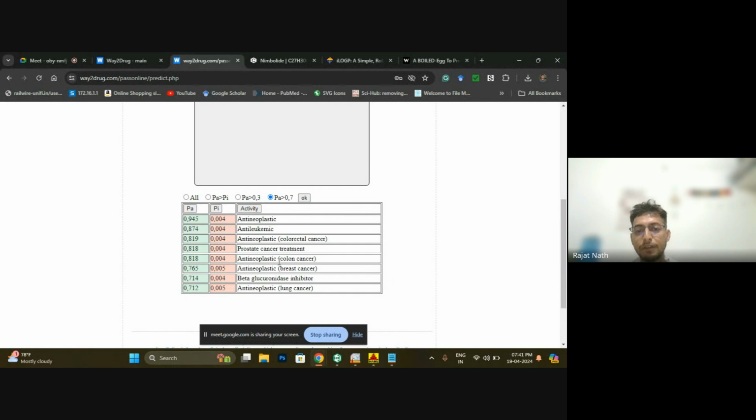So in silico studies, I predicted that nimbolide will act as a very good drug against lung cancer. I did the ADMET profile, the toxicity profile, and the PASS activity. By PASS activity, you can see that it is showing anti-lung cancer activity.